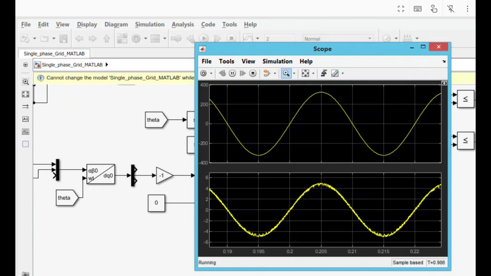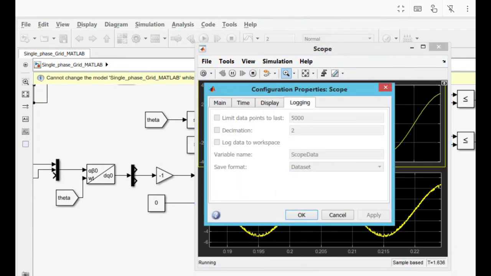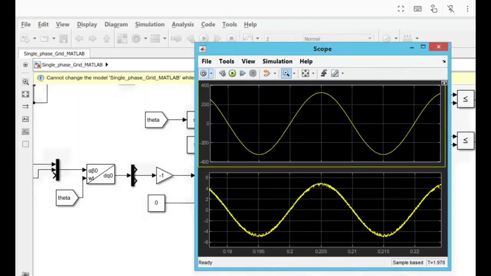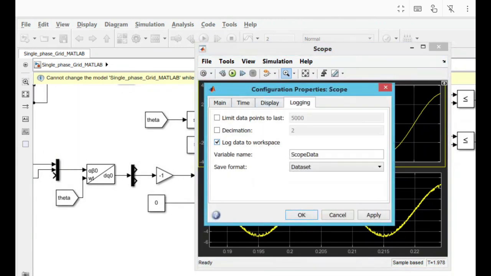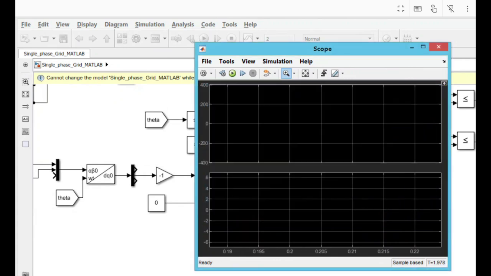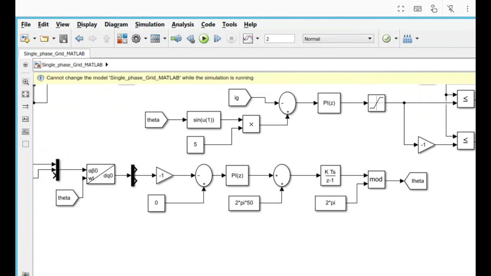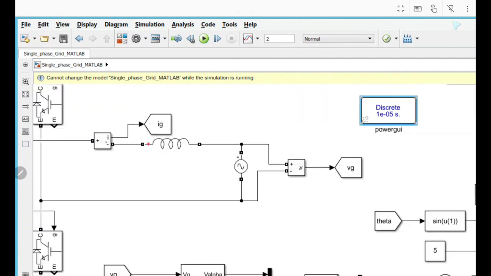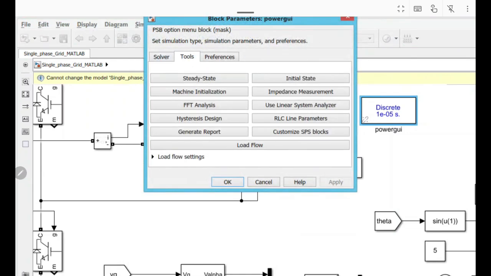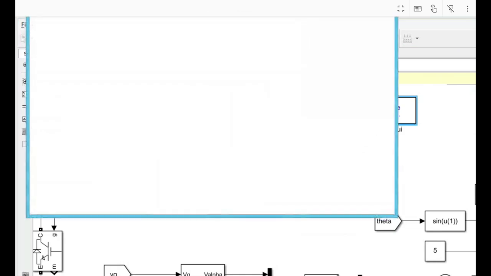Now if we look at the total harmonic distortion in the current, first we will make a data logging for the T, and we will keep the variable name as THD, and we will run one more time. Now we will see that in the power GUI block. I have kept the power GUI block here, and I will go to the FFT analysis.